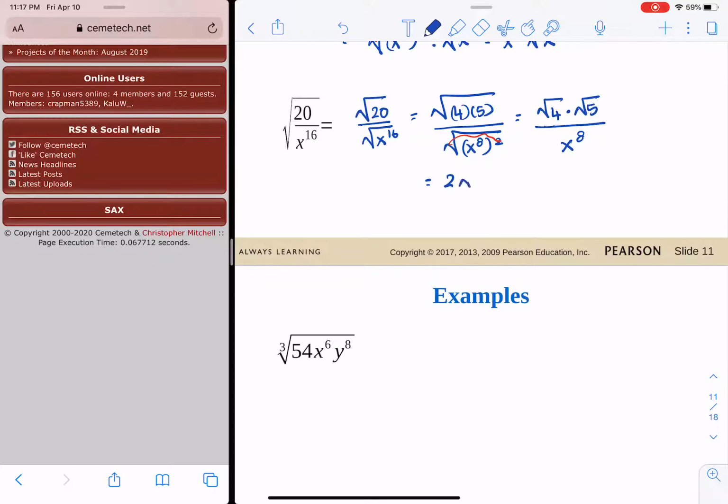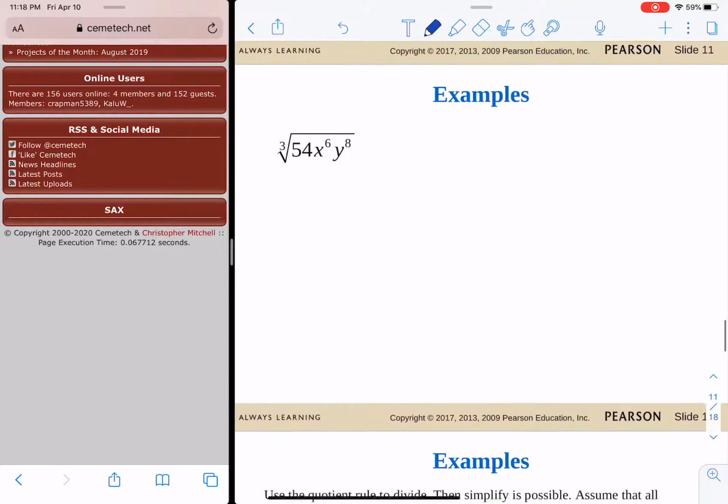So we have x raised to 8. I'm sticking with positive numbers because at the beginning of the example it said they're all positive real numbers, so I'm just going to stick with positive.